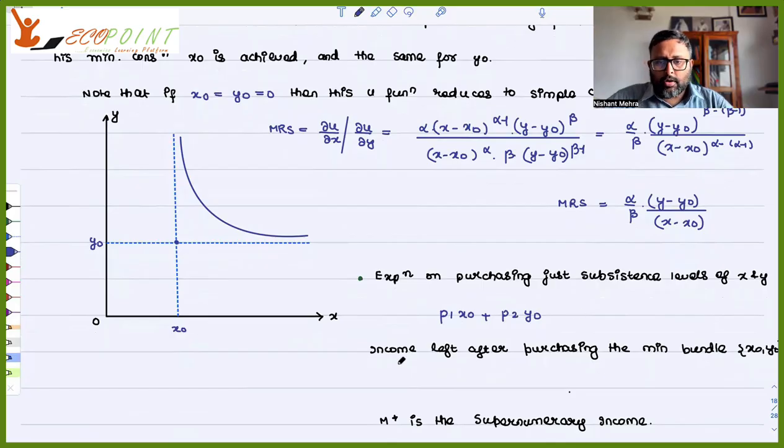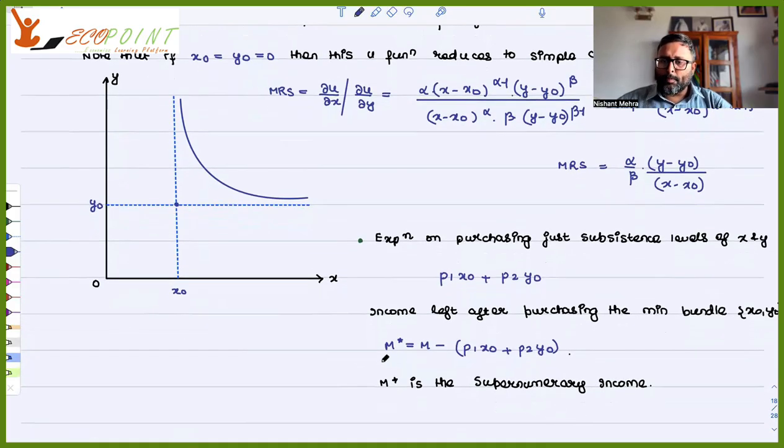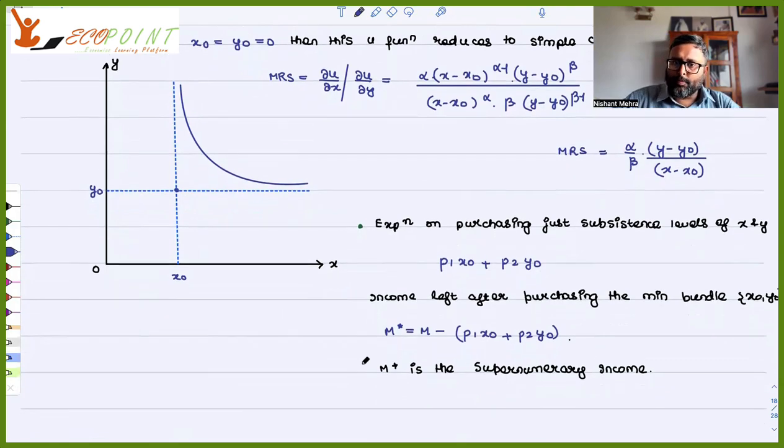Right? So my income after I have purchased this bundle is M minus P1 X naught plus P2 Y naught. So this is what my M star is. So M star was the supernumerary income. Right? Supernumerary income.